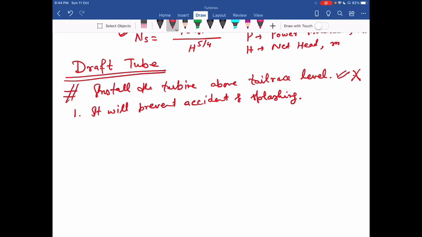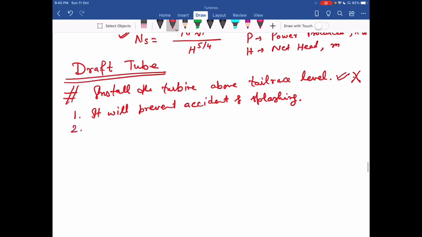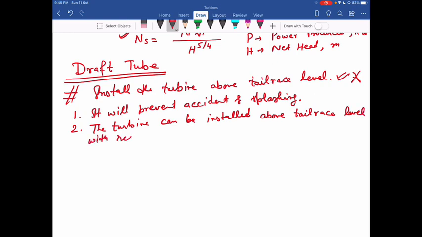Okay. The second function is that the turbine can be installed above tail race level without reducing the working head.